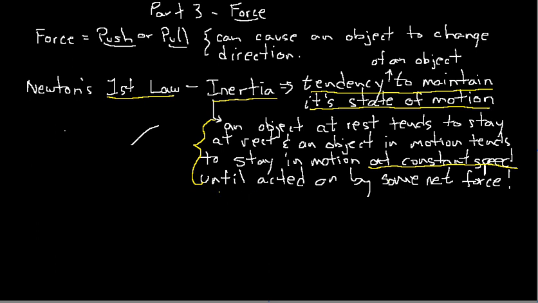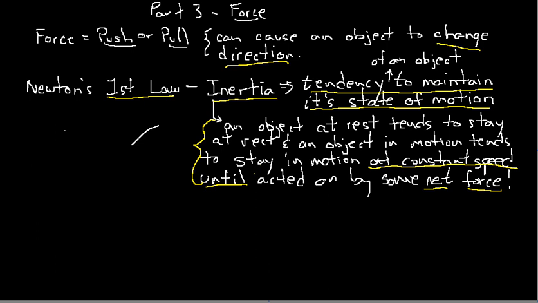So it'll continue moving at a constant speed in a straight line until acted on by some net force. And if a net force comes along and acts on that object, it's going to change direction. Or it's going to speed up, or it's going to slow down.